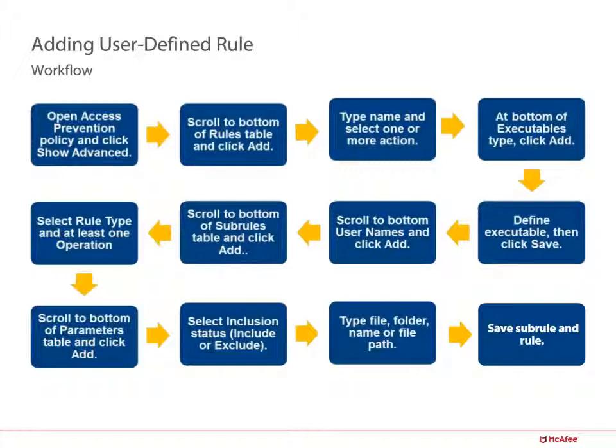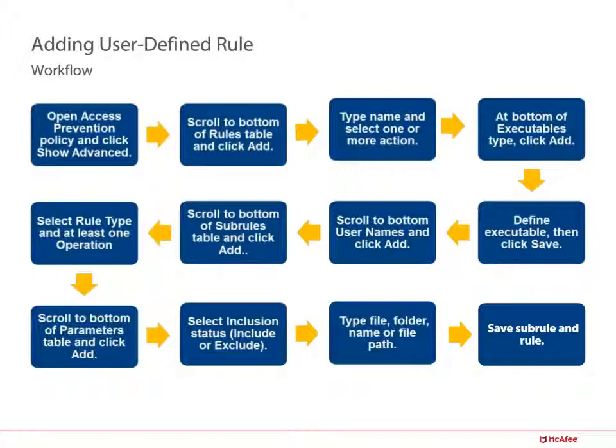To add an executable, you click your Add. You'll have an empty table, and the empty table will mean I'm excluding all executables, so be sure you do define an executable. After I define the executable, click the Save. After adding the executable, click that toggle inclusion status between include or exclude.